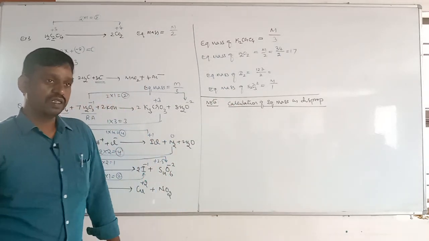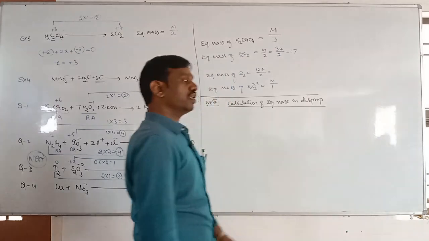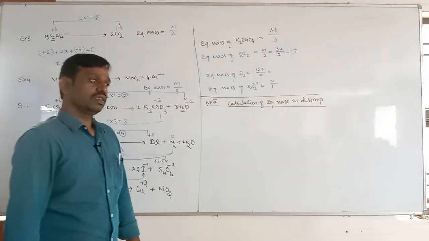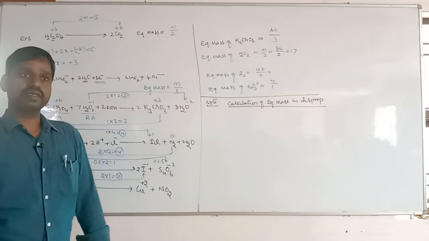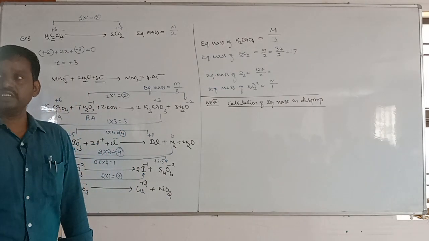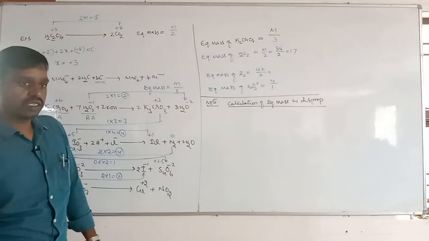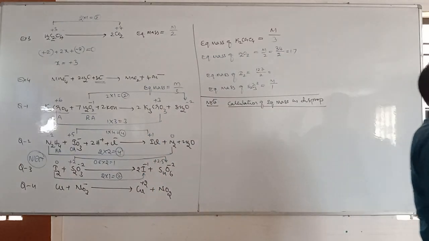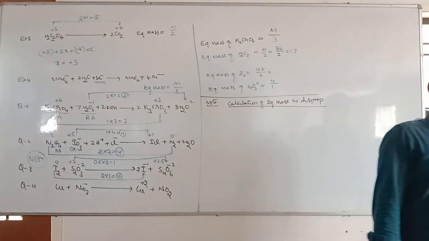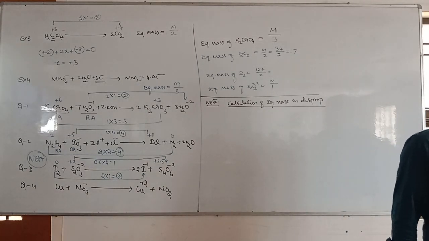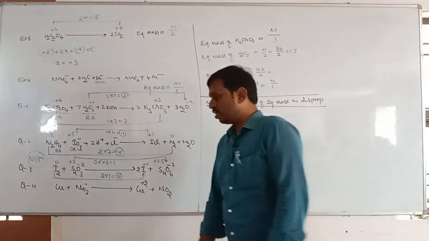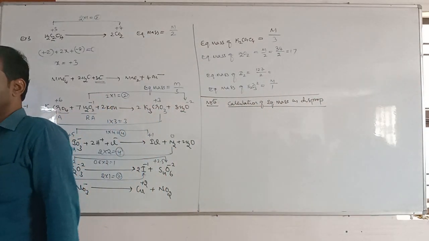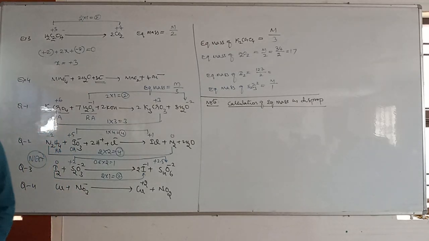Write one sentence: the equivalent mass of an element or compound is equal to the sum of the equivalent masses of the oxidizing and reducing agent.